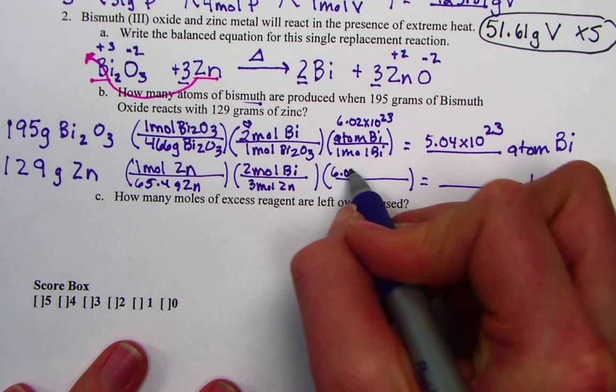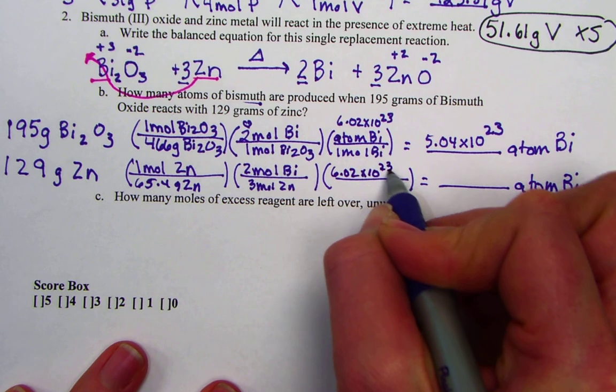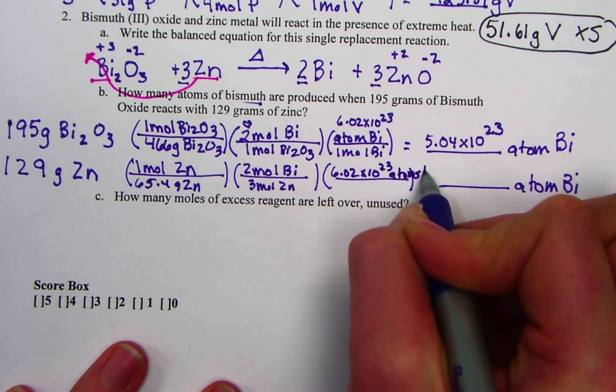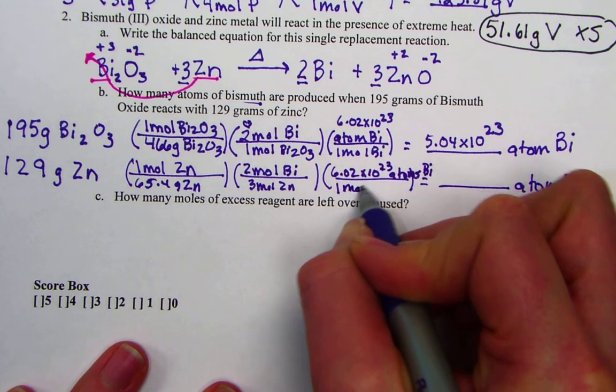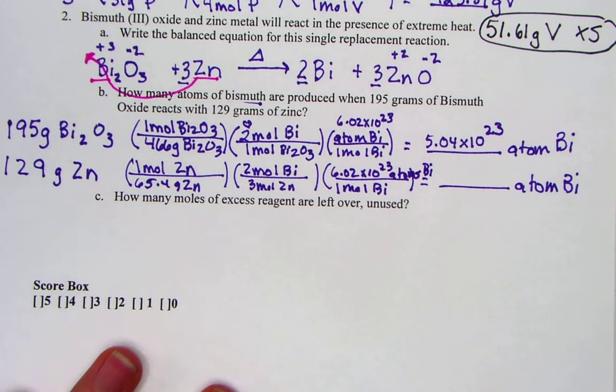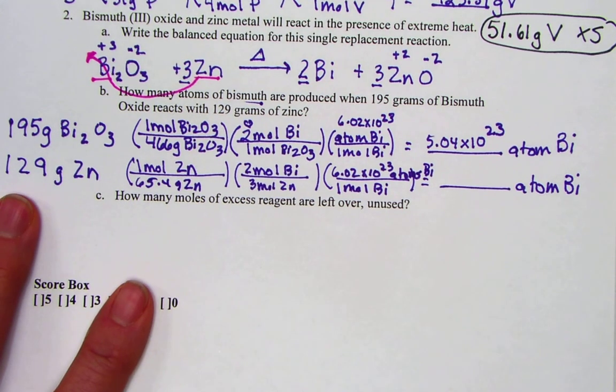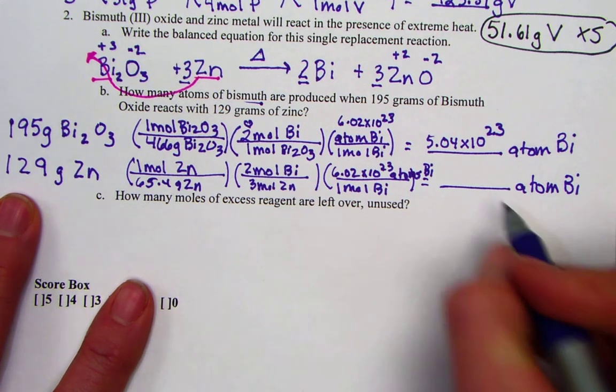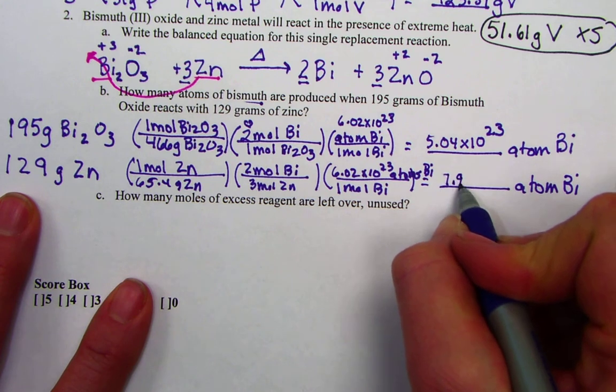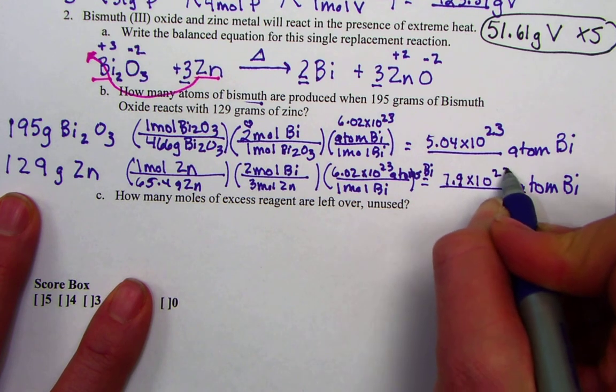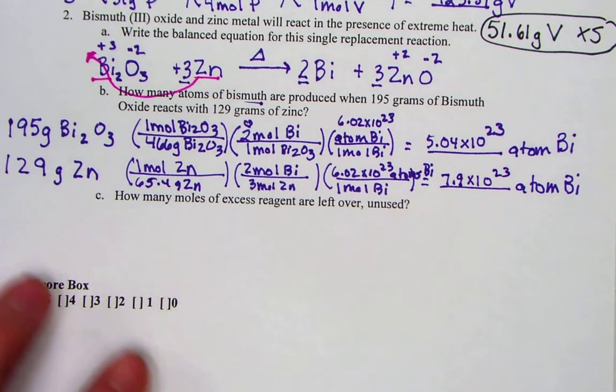We still have 6.02 times 10 to the 23rd atoms of bismuth in every 1 mole of bismuth in our third conversion. 129 divided by 65.4 times 2 divided by 3 times 6.02 E23. My calculator says 7.9 times 10 to the 23rd atoms of bismuth.